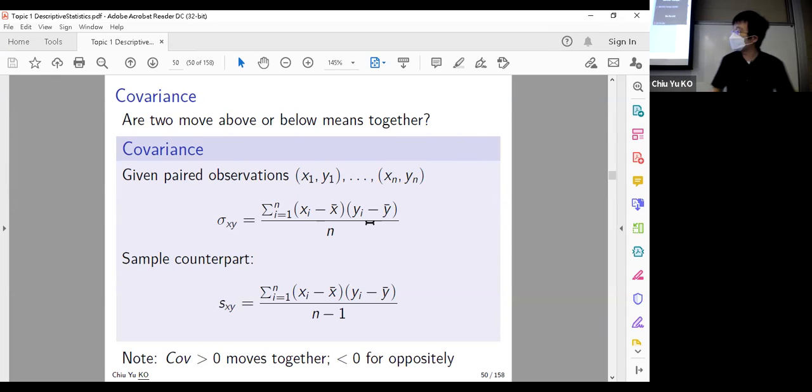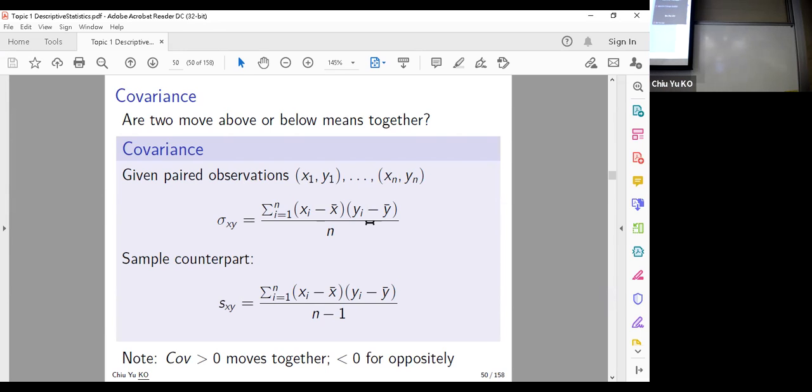So what is this formula telling us? You want to see if income and education are going hand in hand. What do I mean by that? They move together. With respect to what? With respect to their own mean. It means that if income is above the mean, your education is above the mean.